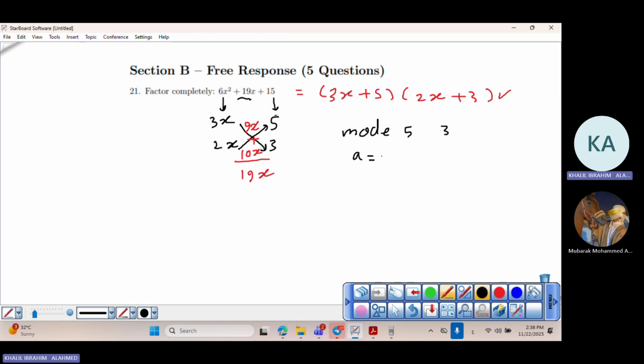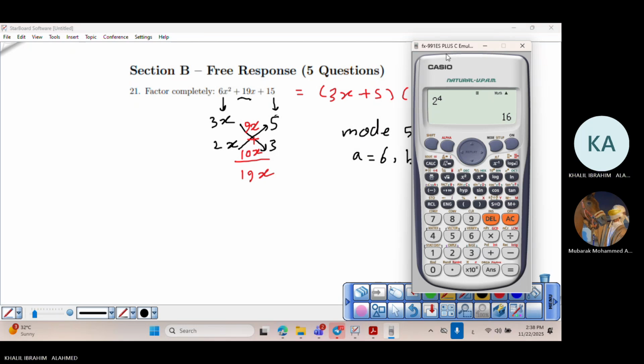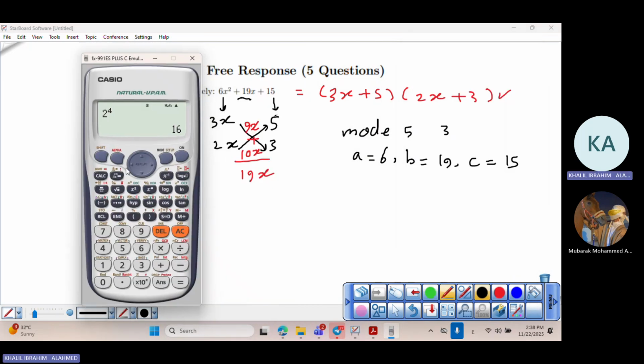A equals 6, B equals 19, and C equals 15. Okay, let's move to the calculator here. As you see, mode 5, 3.